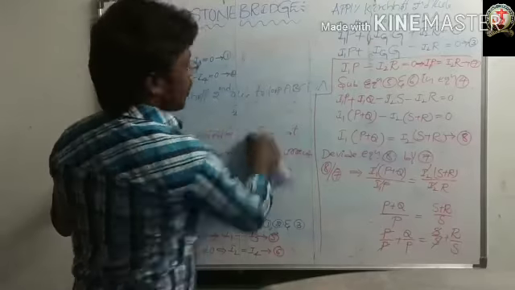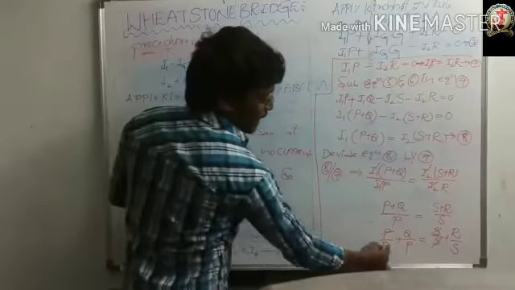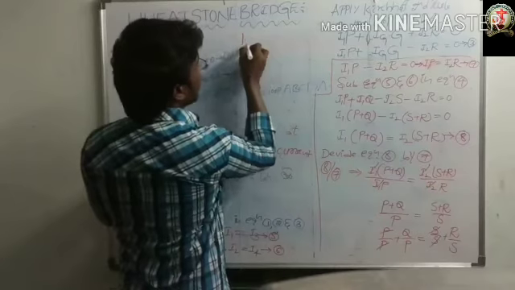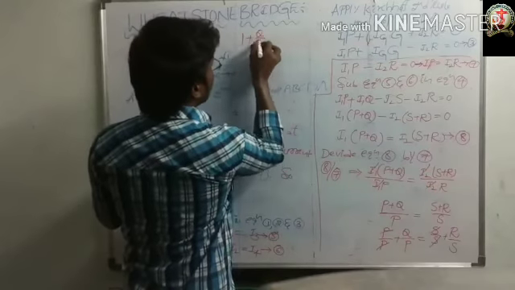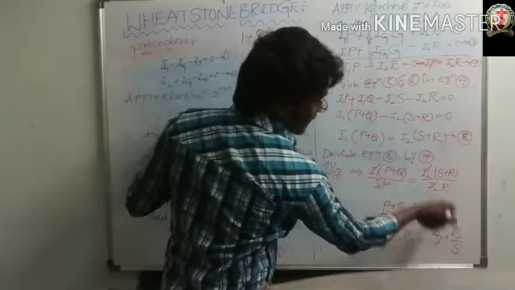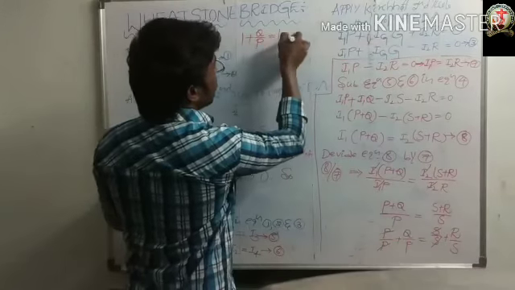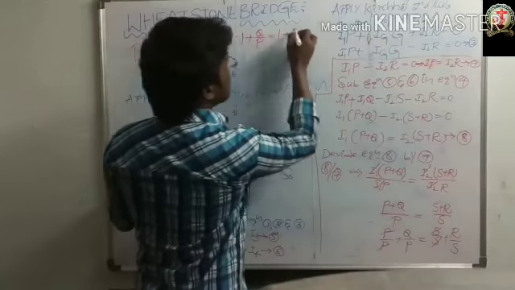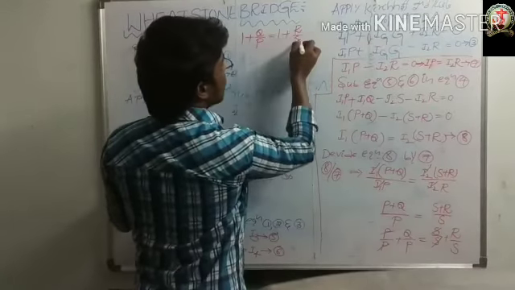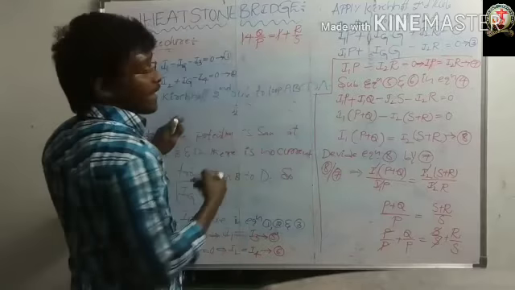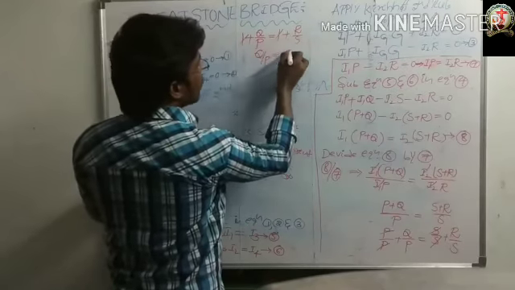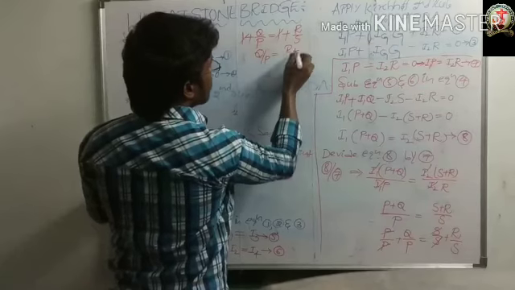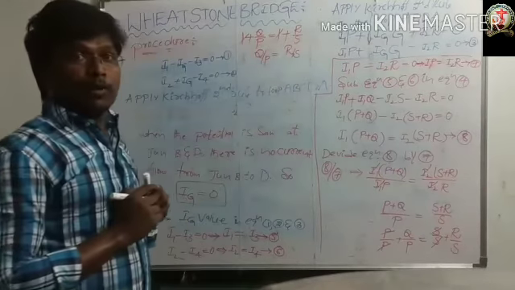So P cancel, remaining 1 plus Q by P is equal to, here S cancel, remaining 1 plus R by S. This side 1 cancel. Remaining what? Q by P is equal to R by S.